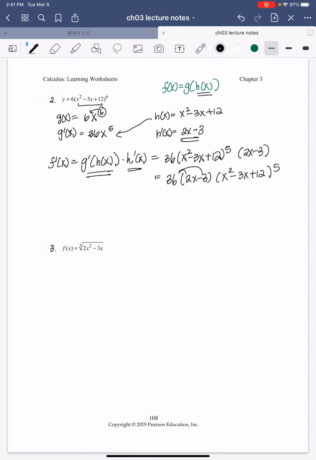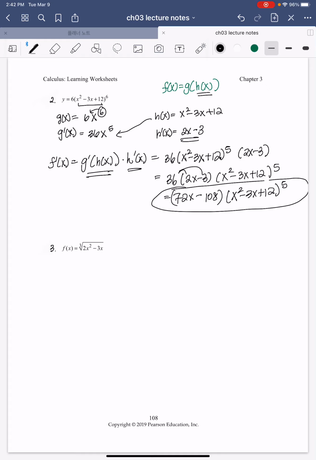And you can distribute this: 36 times 2x, which is 72x, minus 36 times 3, which is 108, times x squared minus 3x plus 12 raised to the 5th power. This will be also fine too. Now I wouldn't really FOIL that 5 times. You can just leave it as x squared minus 3x plus 12 raised to the 5th power. Okay.